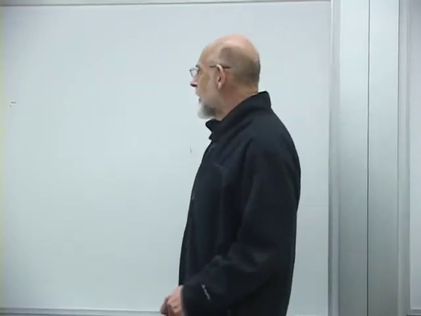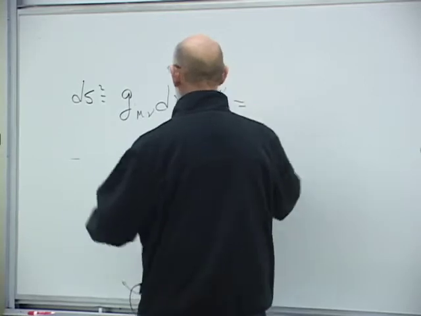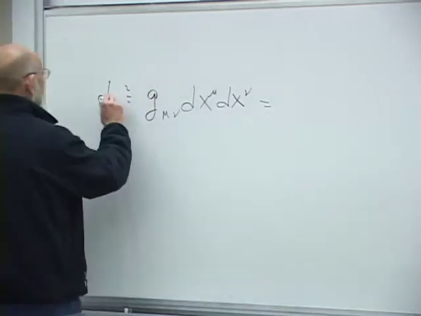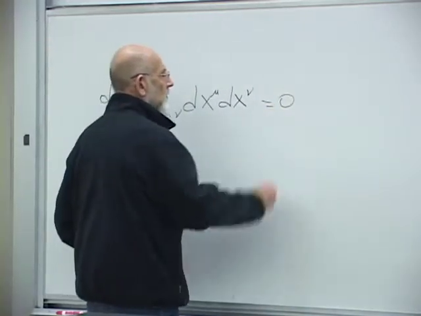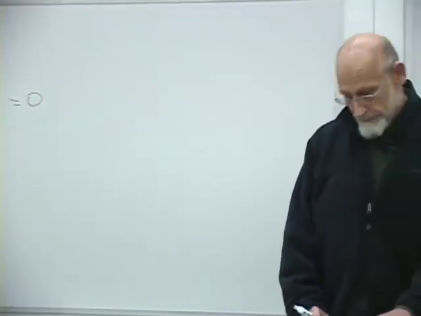Whether the speed of light is 1 or c, or if you use some other units, that doesn't matter. The invariant statement is that light rays move on trajectories of 0. This should be d tau squared, excuse me. Trajectories which correspond to 0 proper time.